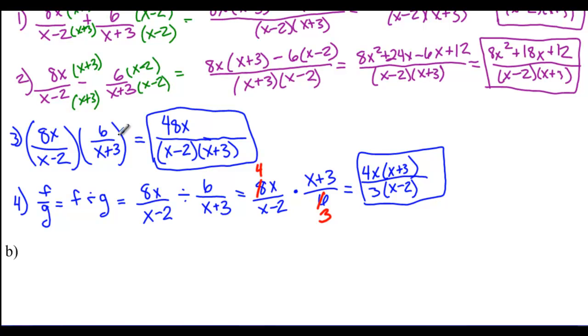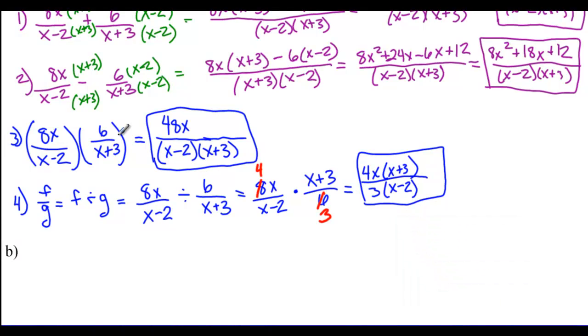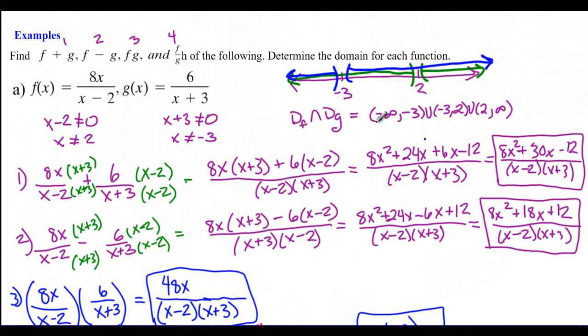There's no value of x that would make that equal to 0. To be able to have a value of x make g of x equal 0, we would need to have an x on top, or in the numerator. So, since that's the case, number 4 of this problem will have the same domain as parts 1, 2, and 3. So this will still be the domain for all parts of this problem.